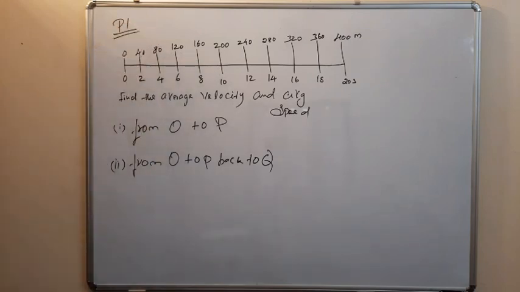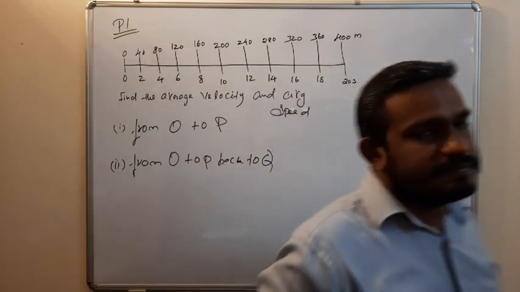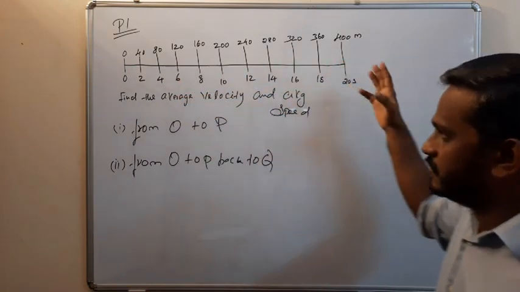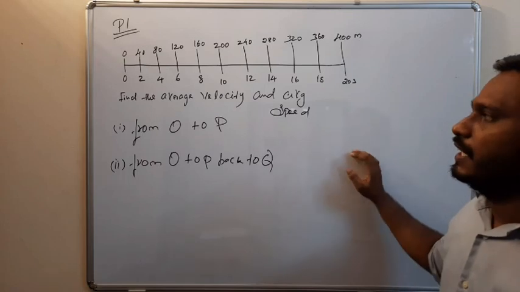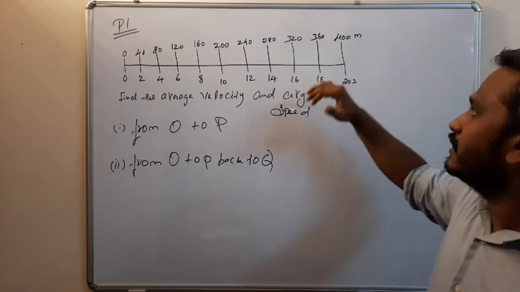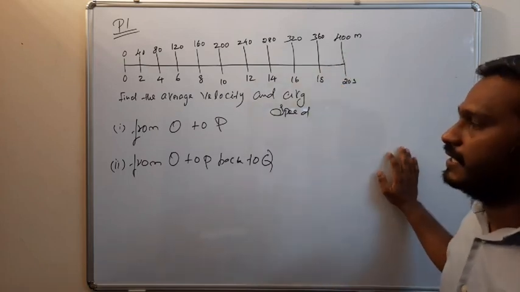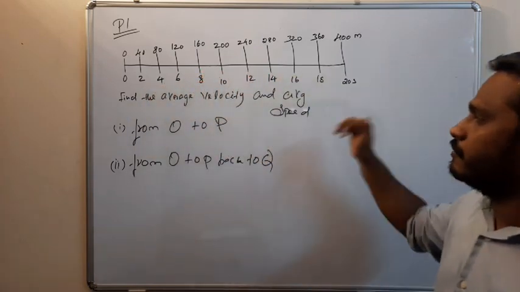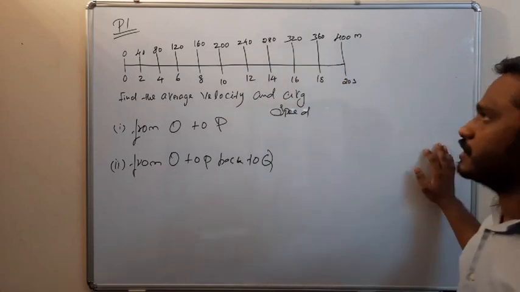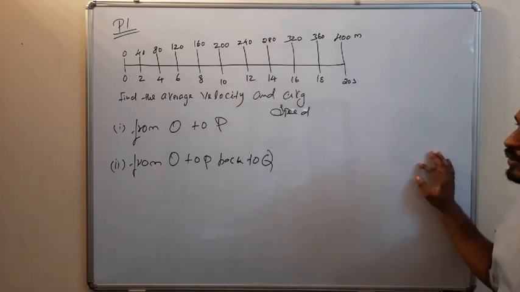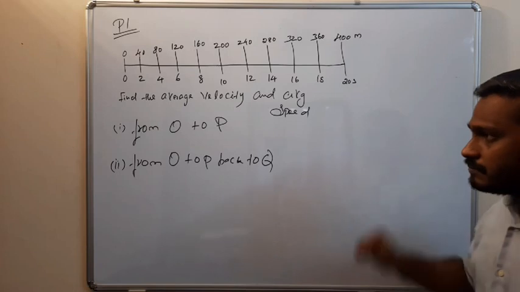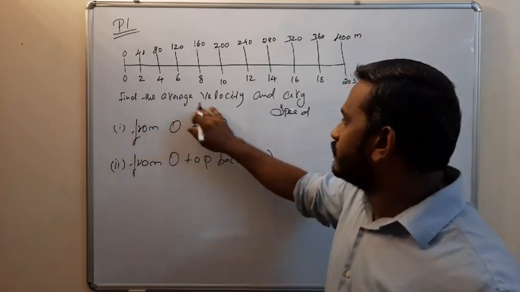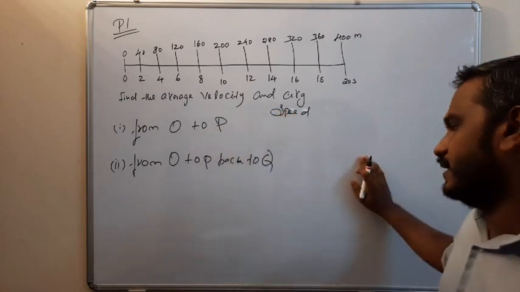So a car is moving along the x-axis. The x-axis is given with the time and the corresponding distance. The lower part shows the time values and the upper part shows the corresponding distance values. So we have to find the average velocity and average speed.